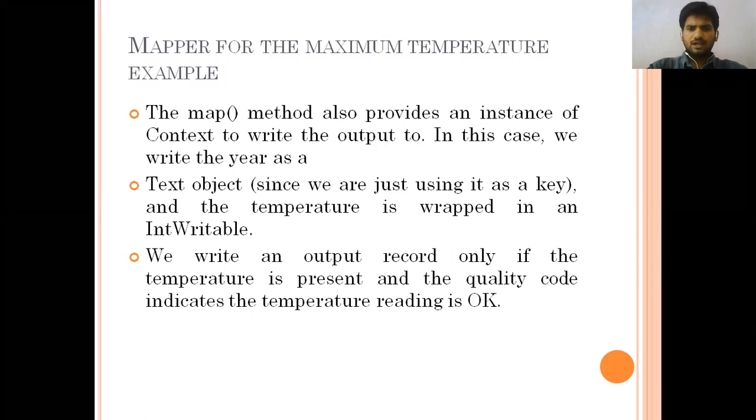We write an output record only if the temperature is present and the quality code indicates the temperature reading is okay. By using this code we take the output. If the temperature is present, it is okay. If the temperature is not present or is missing, what is going to happen? So we mentioned the test number 80.